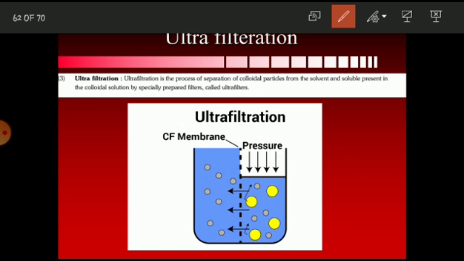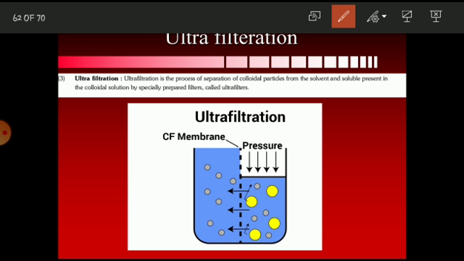Therefore, we cannot use that filter paper for purification. Why? Because if we use ordinary filter paper, the impurities as well as the colloidal particles pass through it. So there is no sense in using ordinary filter paper, because your impure colloidal solution will remain impure.